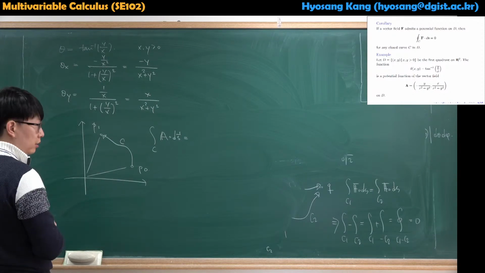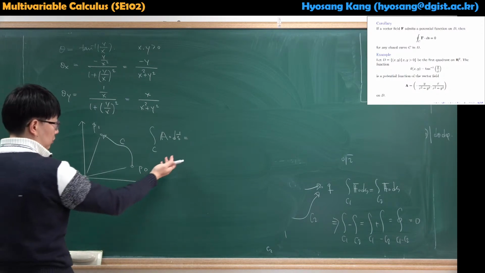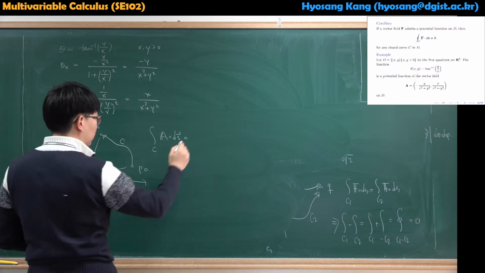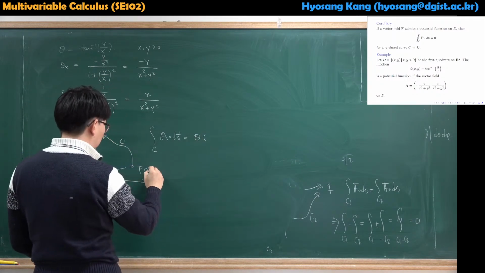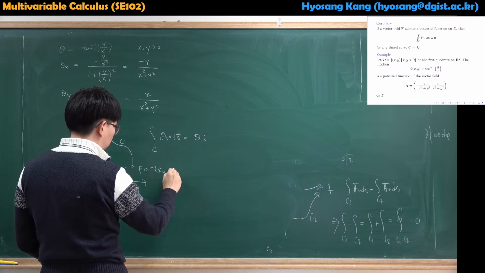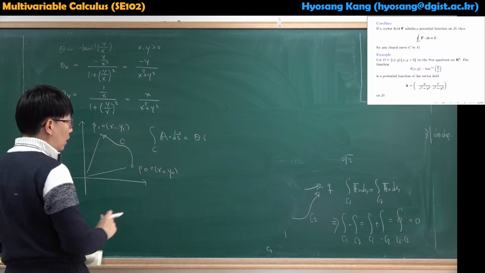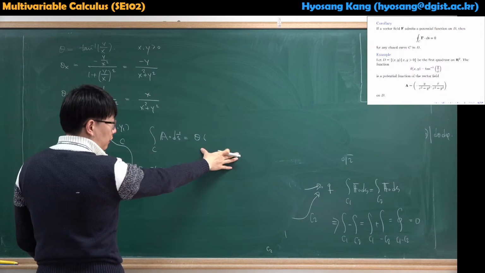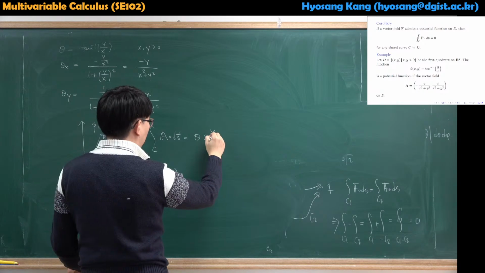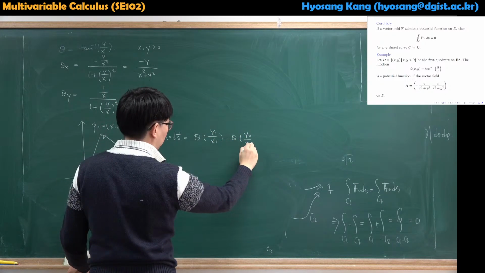How do you want to compute this? So what's the value? Let's say P0 is (x0, y0), and P1 is (x1, y1). So the value is actually the difference between the values of the potential function. So we have arctangent of y1 over x1 minus arctangent of y0 over x0.